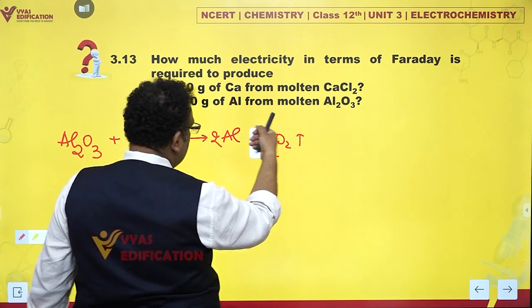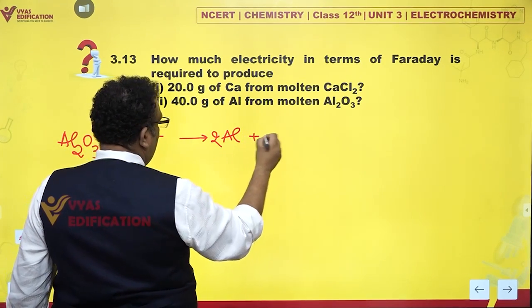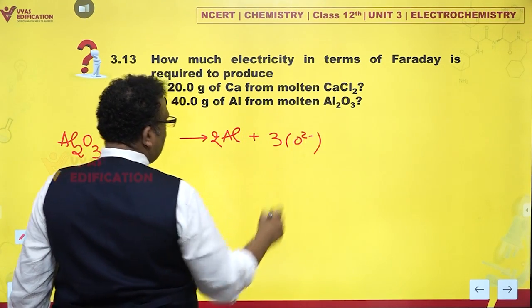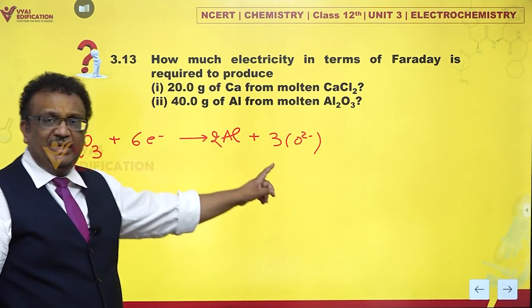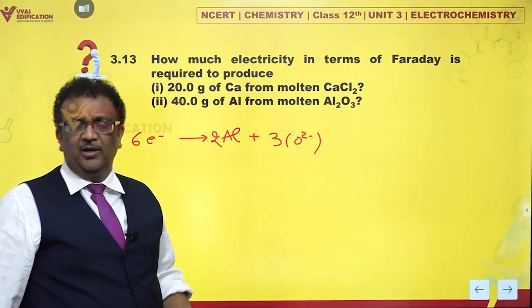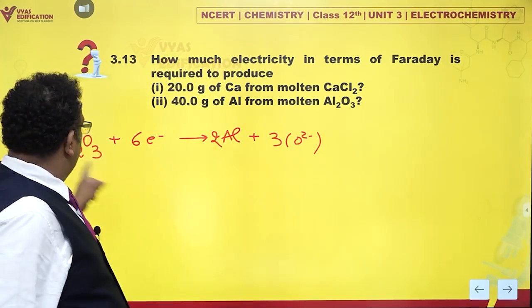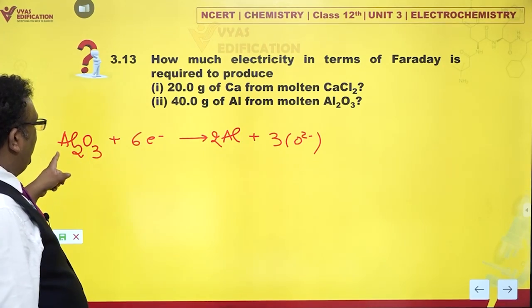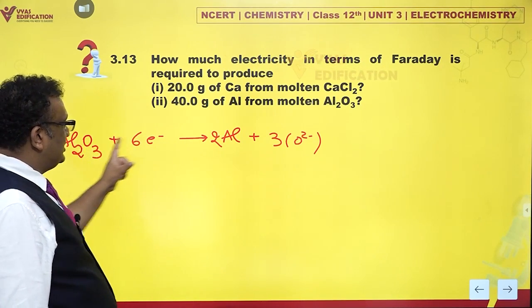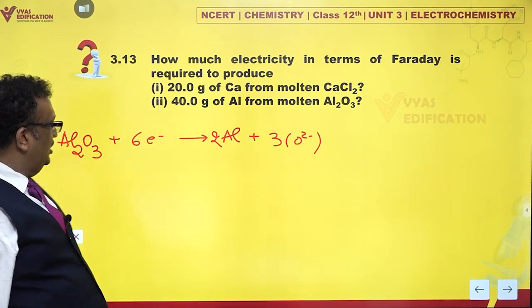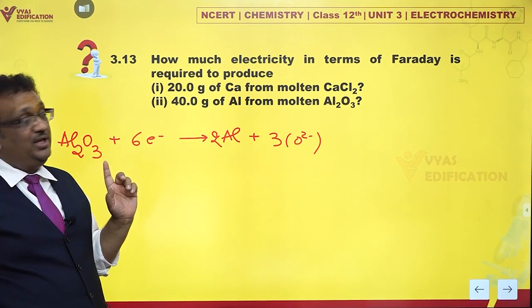Actually, if I'm just writing half the reaction, I'll write 3 times oxide like this. This is only at cathode. O2- can undergo oxidation at anode, etc., but we are not interested. Aluminium ions are being reduced to aluminium. Oxide ions are simply released in the solution. I need 6 electrons for that.